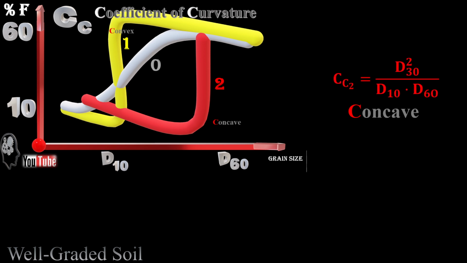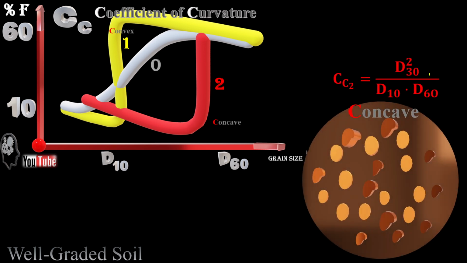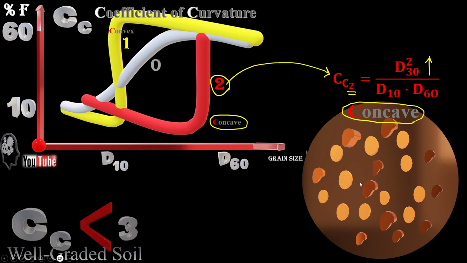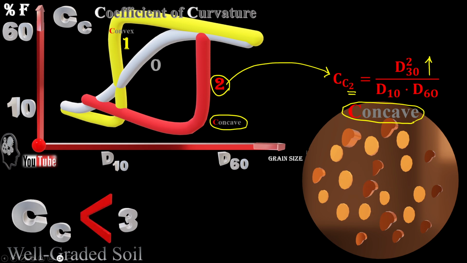On the other hand, for the second part, if D30 increases from the original one, as in CC2, the sample moves toward the larger size. So that's why we need to hold our horses and take the second graph toward the first one.